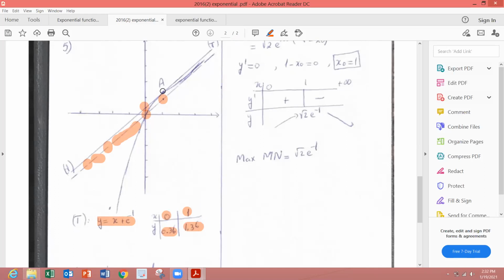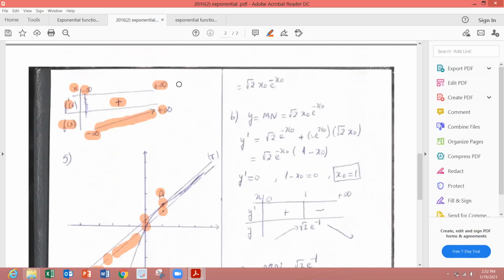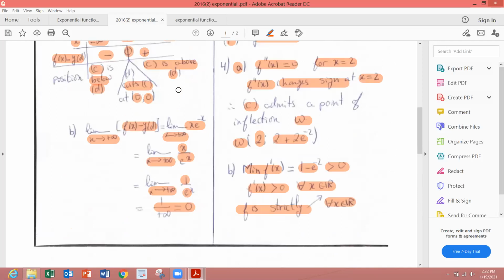This is the point A. We draw the tangent and we locate the point A. Now we have the point A. Just one second.